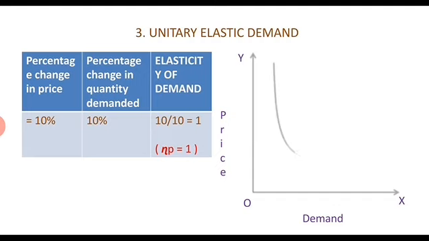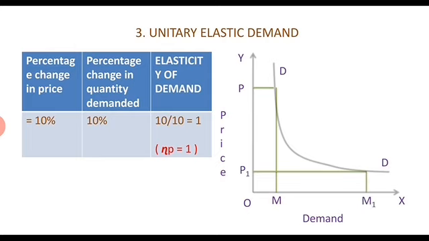In this diagram, DD is the demand curve. At the beginning, price is OP, demand is OM. Price is decreased from OP to OP1. In response to the change in price, demand increased from OM to OM1.